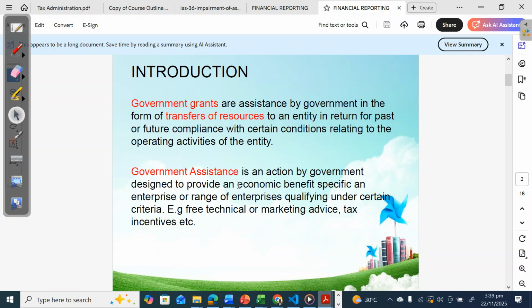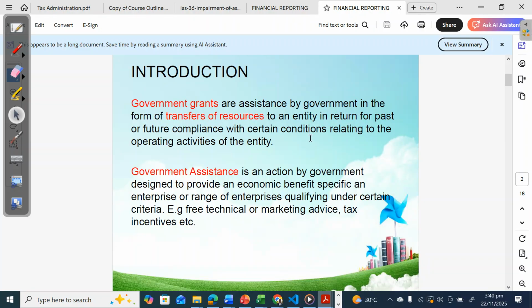Maybe the government can give you a tax incentive or tax relief. It is not a monetary benefit, but it is a form of assistance. So that's the difference between government grants and assistance.